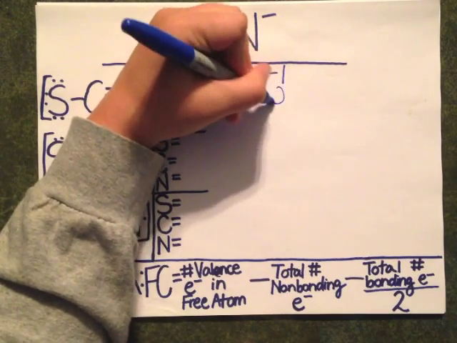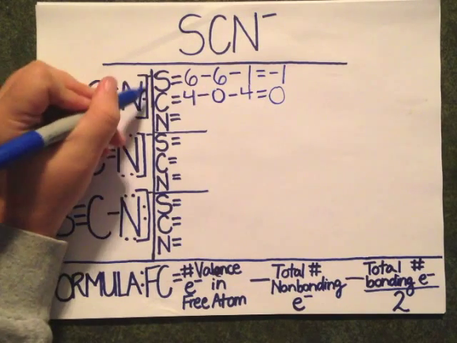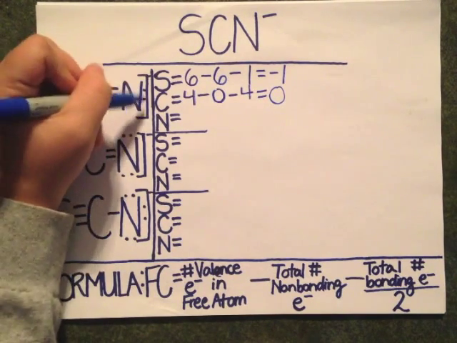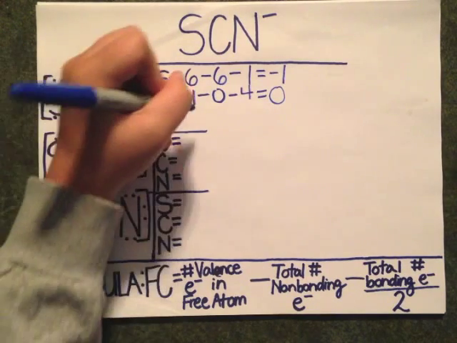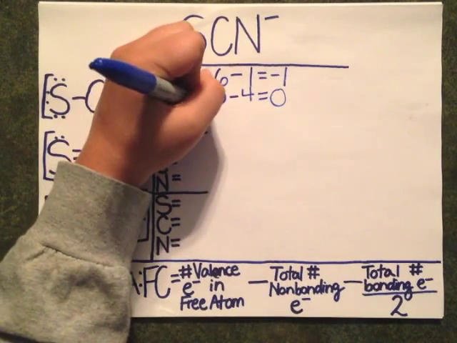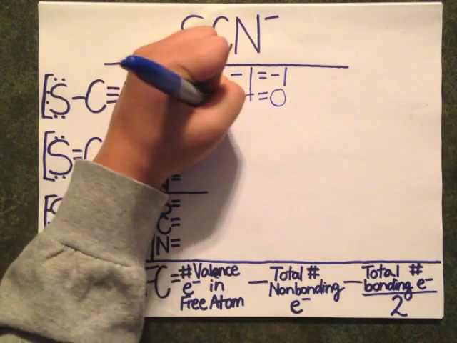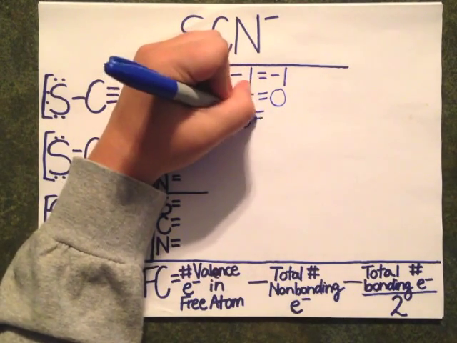The final atom, nitrogen, has 5 valence electrons, 2 non-bonding electrons, and 6 bonding electrons. The formula will be formal charge equals 5 minus 2 minus, in parentheses, 6 divided by 2, which equals 0.